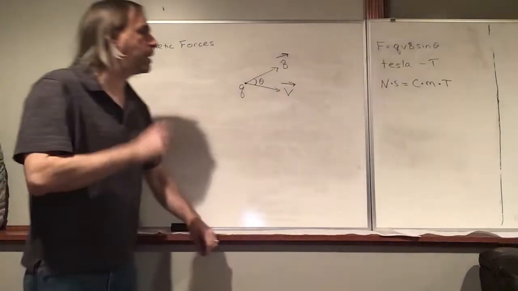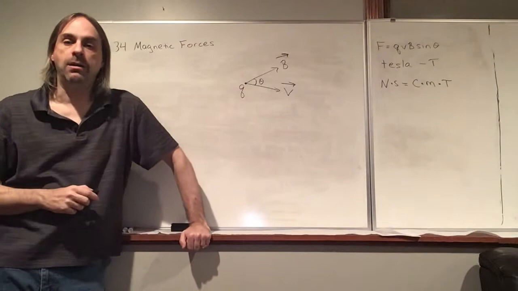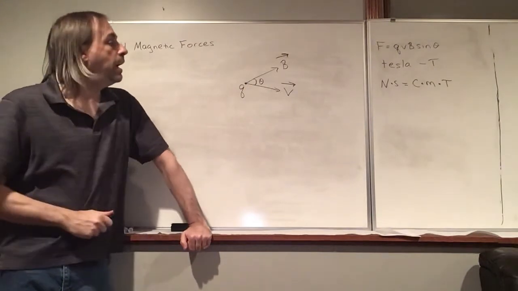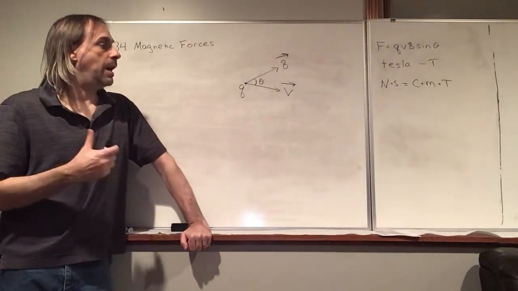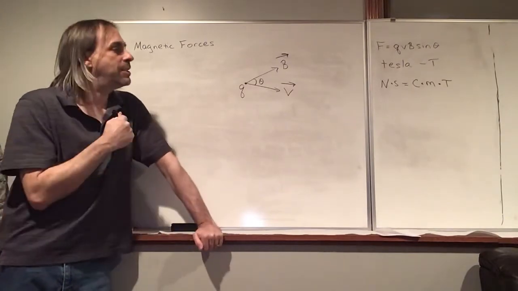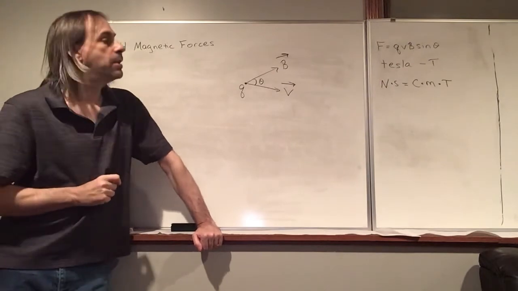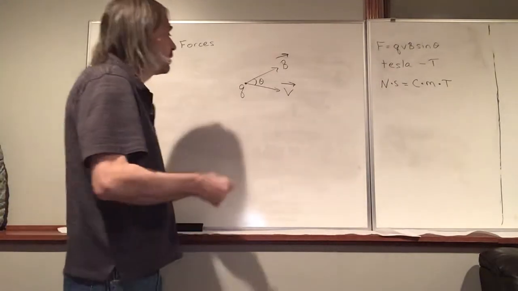So anytime we want to know the direction of the force, these two vectors define a plane. And so we have a unique plane here, and the force is going to be perpendicular to that plane. So the force, I'm going to write this down.